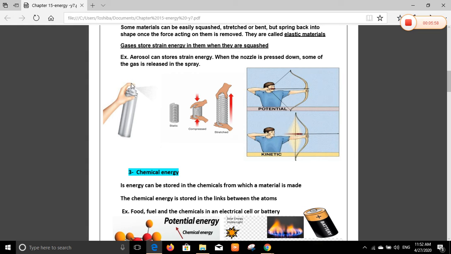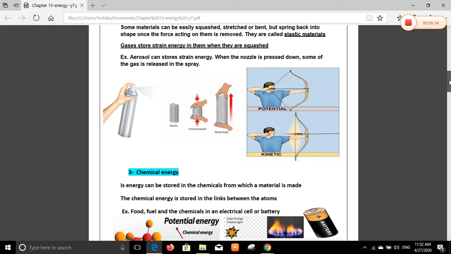If you lift your finger, no gas is released. If you press again, the gas is released. An aerosol can stores strain energy. When the nozzle is pressed down, some of the gas is released in the spray.